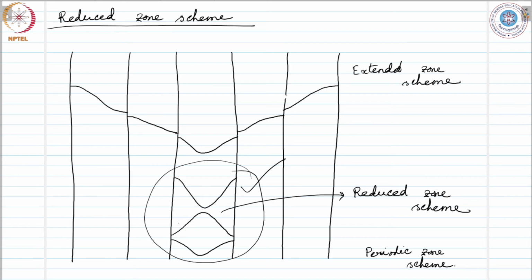Now let's consider the idea of Fermi surface. Let's consider a two-dimensional Brillouin zone because that is something we can show. The boundary equation of the zone boundary can be given as twice k dot G plus G squared equals 0.